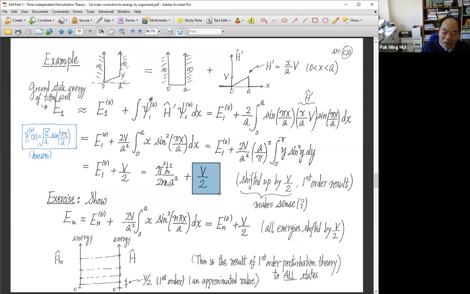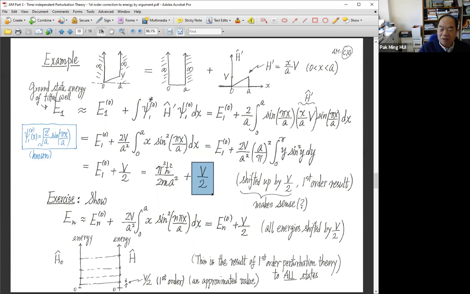If you are in an interview, and someone asks you, give me a guess of the ground state energy of this, the roughest thing that comes to your mind is 0 here, V here, maybe on average V over 2. So that is actually a serious solution from first order perturbation theory.